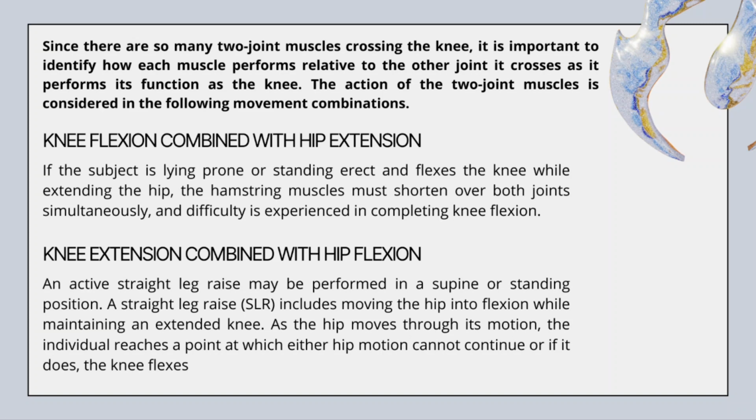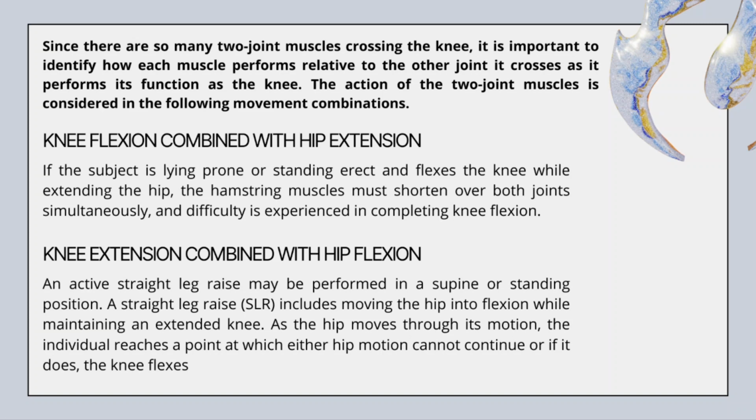If the subject is lying prone, nakadapa, or standing erect and flexes the knee while extending the hip, the hamstring muscles, mapapansin nyo, mararamdaman nyo, must shorten over both joints simultaneously, and difficulty is experienced in completing knee flexion. So, yun.